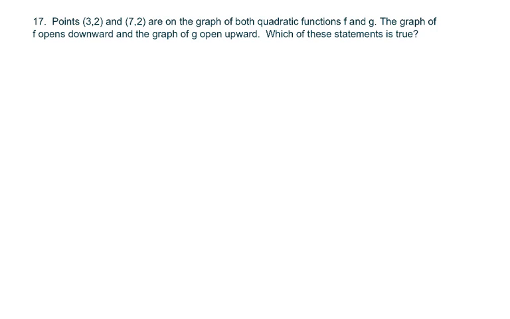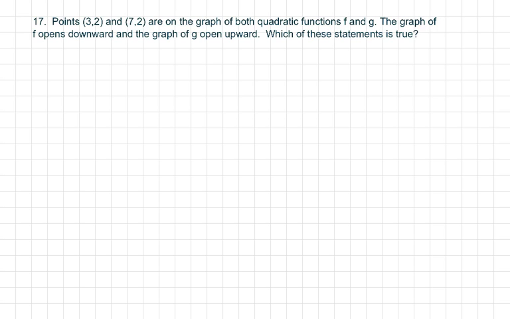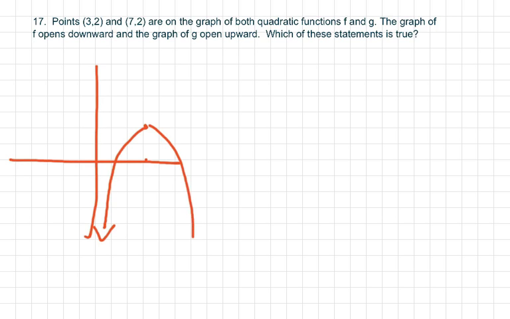Next problem. You have 2 points on 2 different quadratic functions. The graph of f opens down, so if I just draw something like this, 3, 2, it opens down. So this is f.